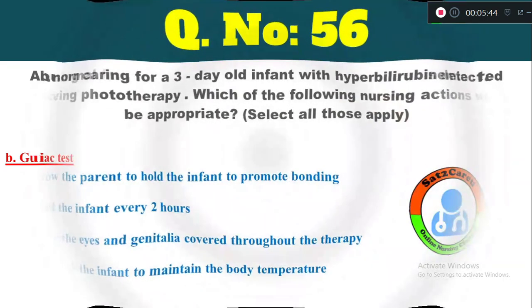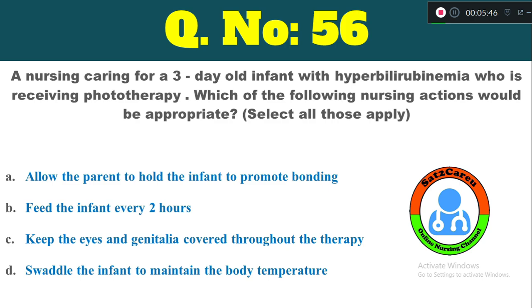Question number 56. A nurse is caring for a 3-day-old infant with hyperbilirubinemia who is receiving phototherapy. Which of the following nursing actions would be appropriate? Select all that apply.